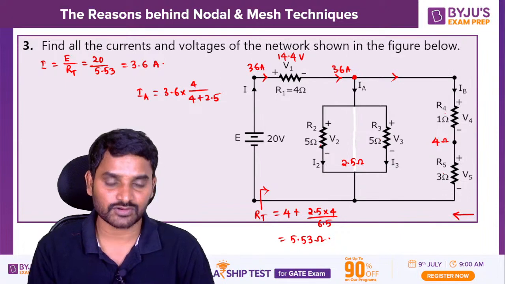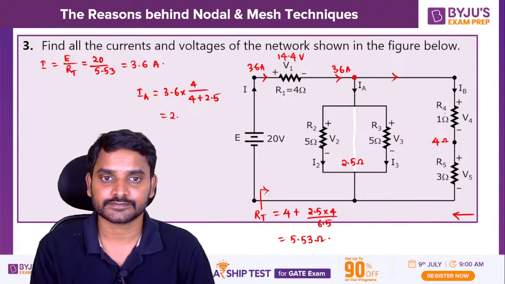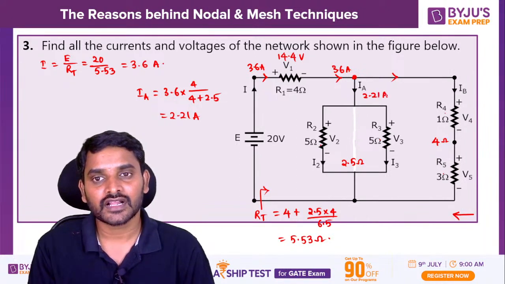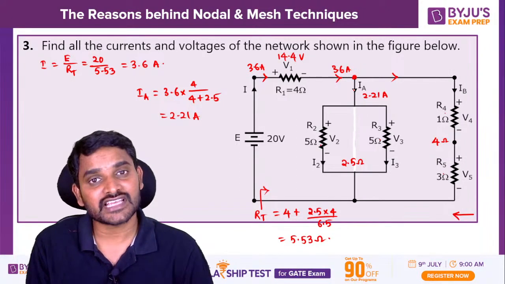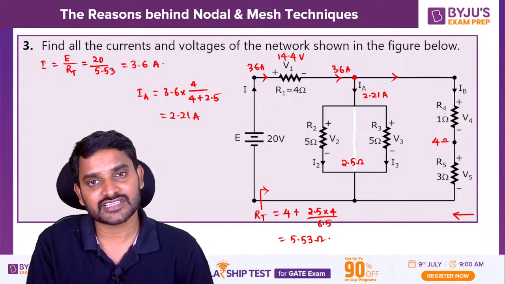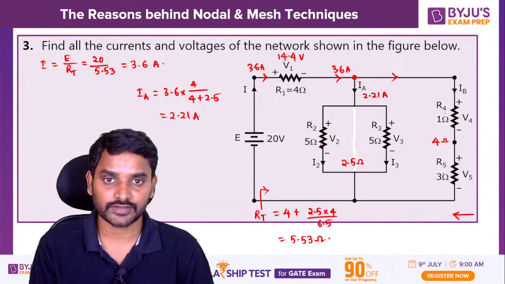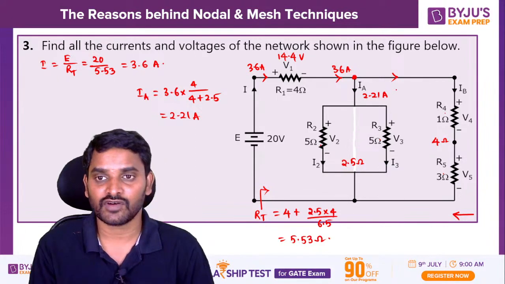I am getting it as around 2.21. So IA is 2.21. If IA is 2.21, what is IB? IB is simply 3.6 minus 2.21, which is around 1.39.